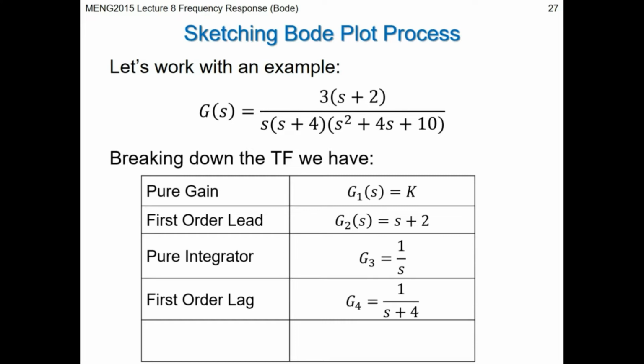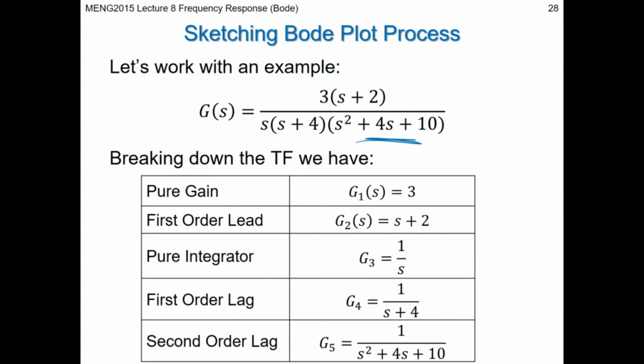First order lag is 1 upon s plus 4. And our final one is going to be the second order lag. So we have all four different types of elements, and we've actually got 5 factors in this transfer function when we break it down.